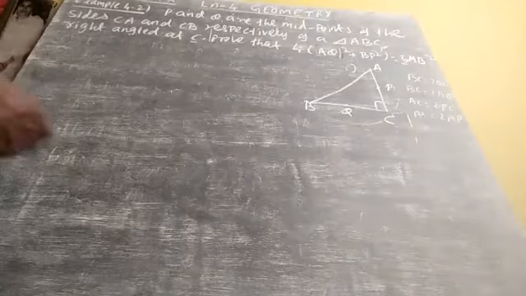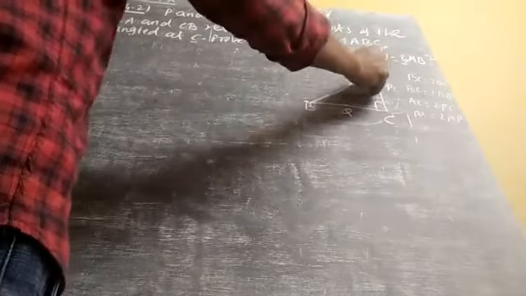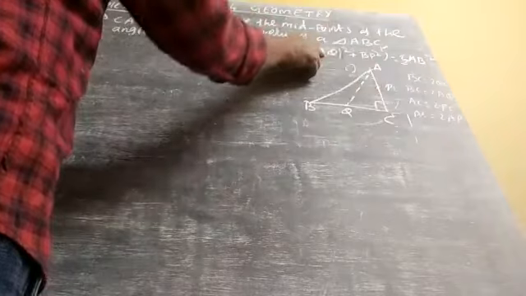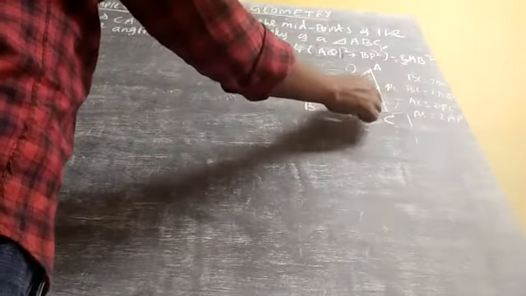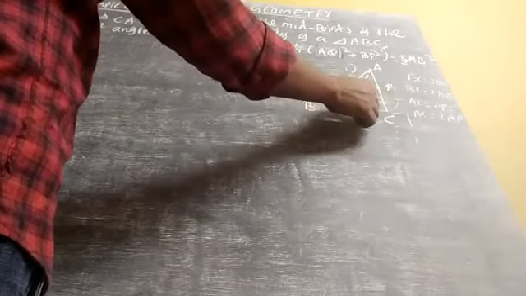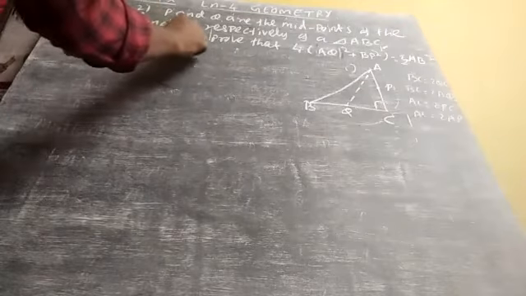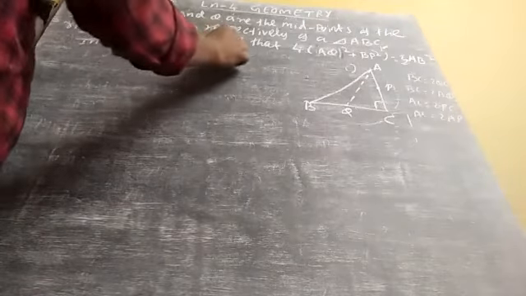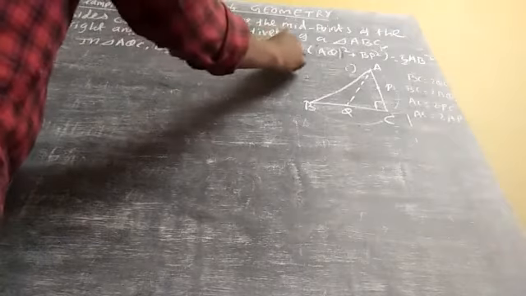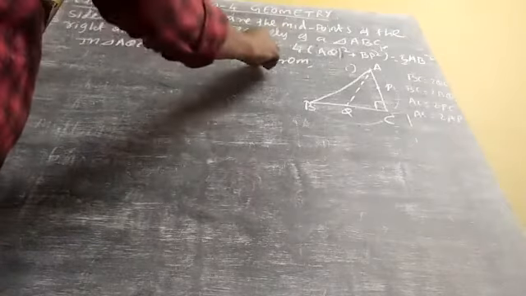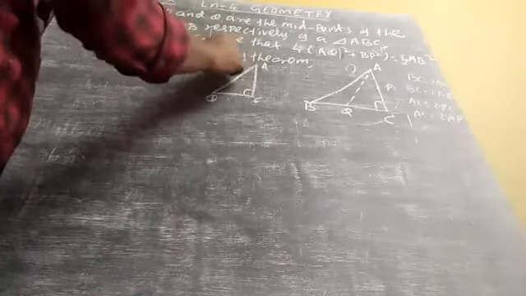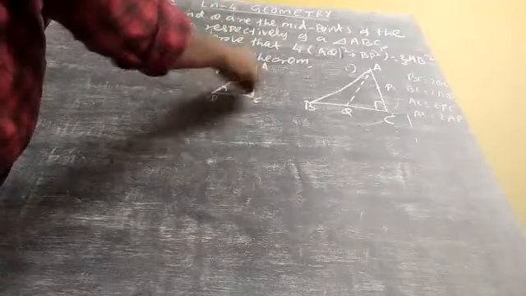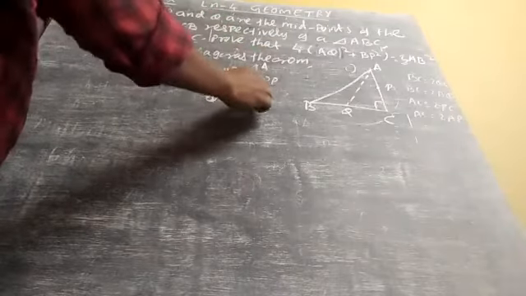Next, I am drawing this one because here AQ is there. If I need to take AQ as hypotenuse, I can take this triangle. So in triangle AQC, by Pythagoras theorem, this is hypotenuse, this is opposite, this is adjacent.